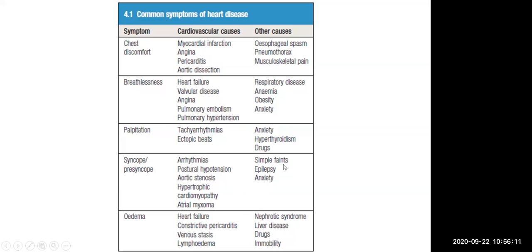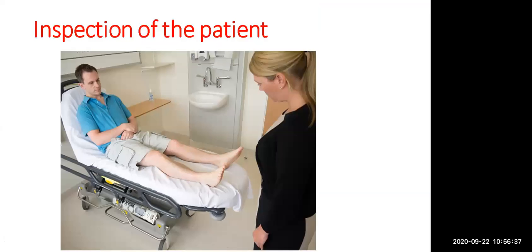Here, simple faints. Also, we will talk about it with this disease. And swelling mostly happens from heart failure, constrictive pericarditis, venous stasis, lymphedema, and other causes: nephrotic syndrome, liver disease, drugs, immobility.